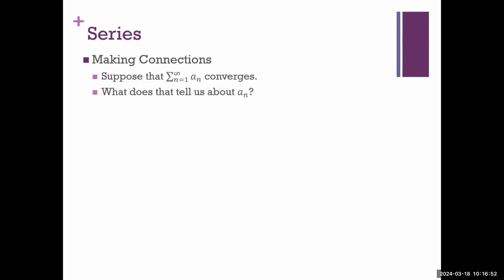So what am I doing with the series? Sequence and series are related things. But what's the difference between a sub n and this series that involves a sub n?